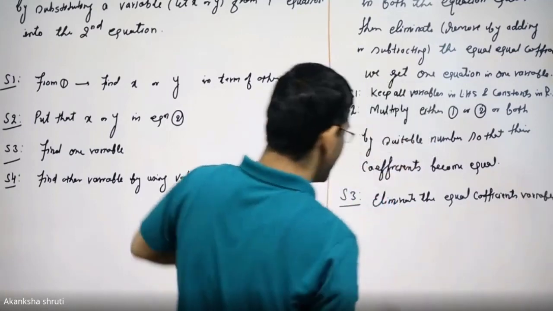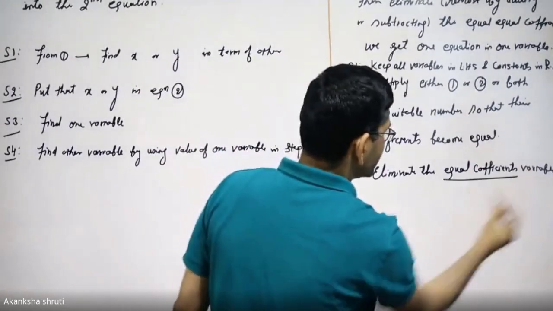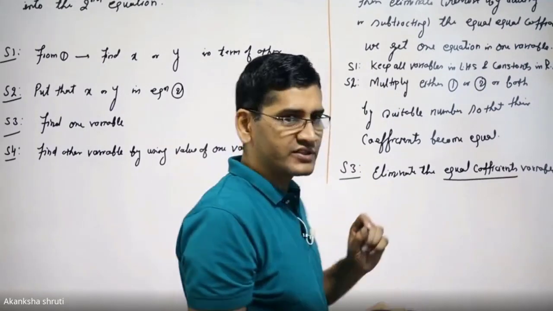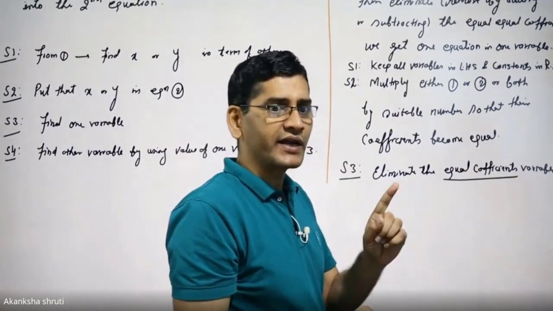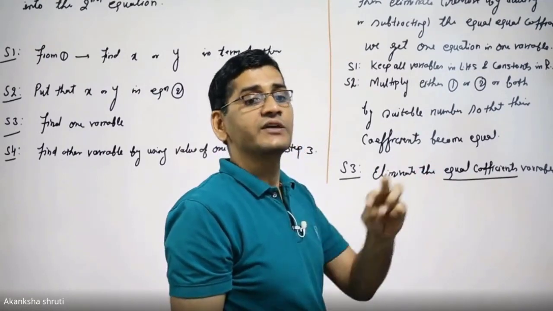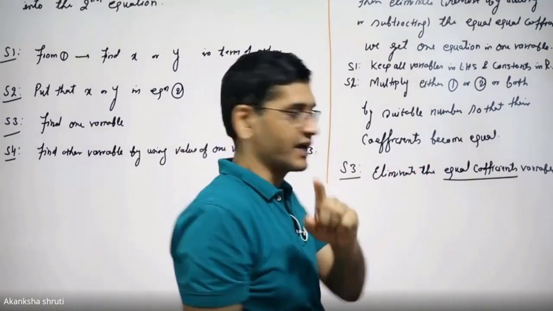How to eliminate? यदि आपके coefficients equal हैं, तो equal coefficients with same sign वाले को subtract करेंगे, बट आपने coefficients equal किए हैं बट उसके sign opposite है तो उसे add करेंगे. ध्यान रखिए.